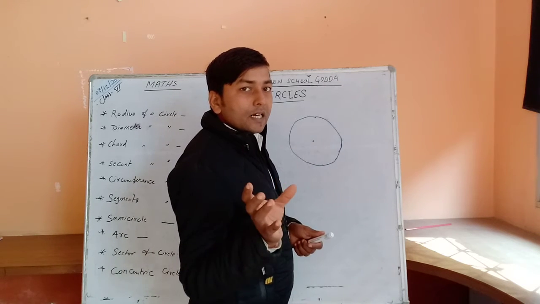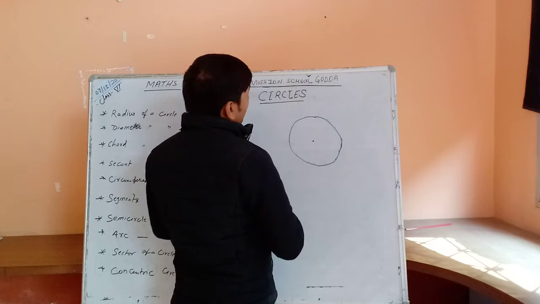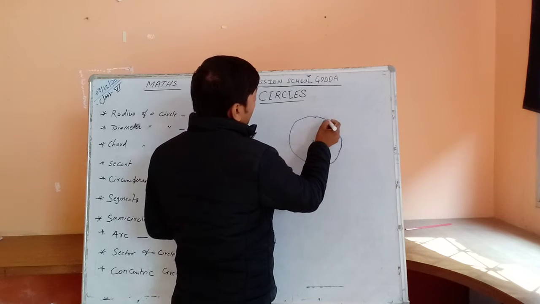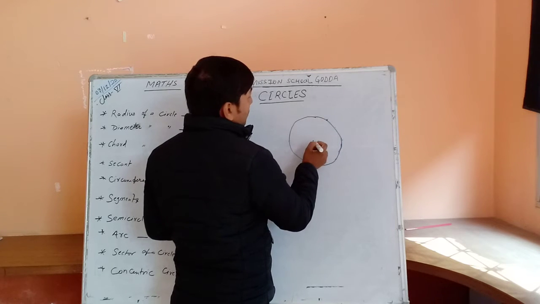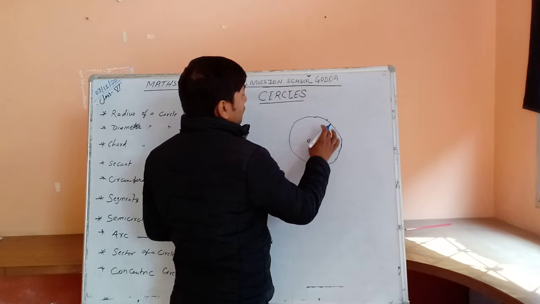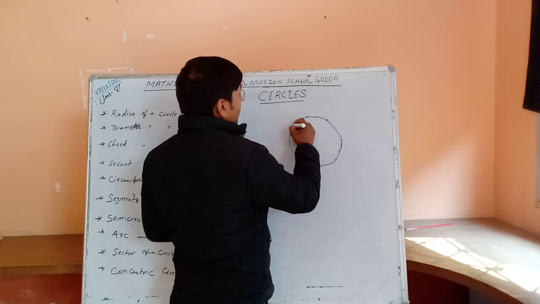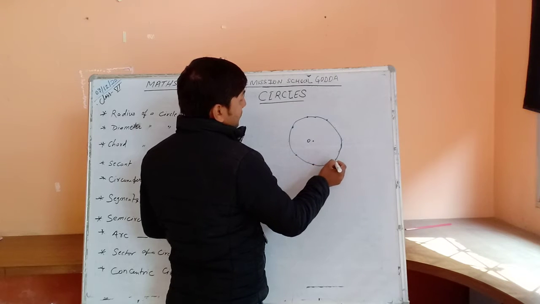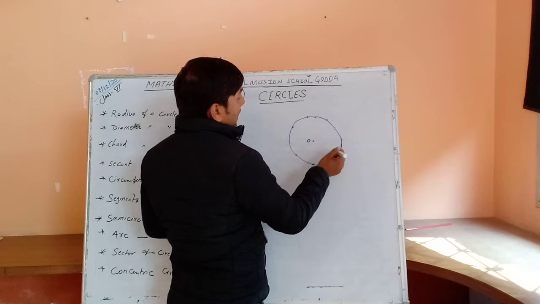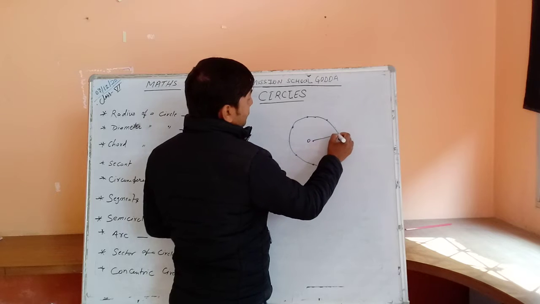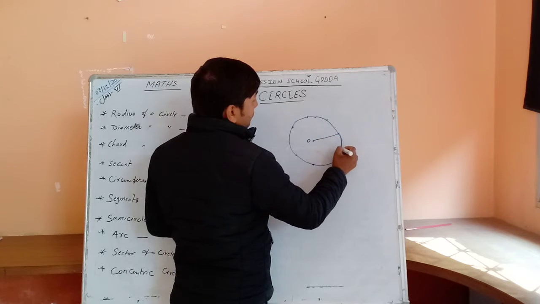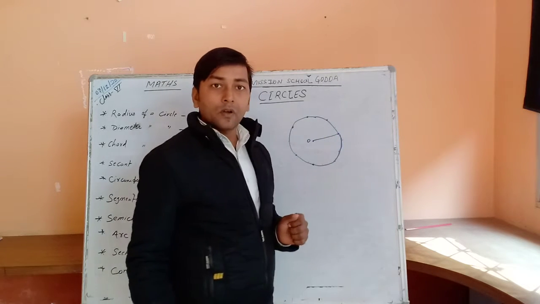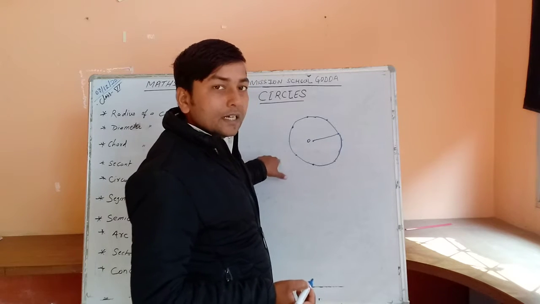So circle is a collection of all points. I have taken all points, the distance from a fixed point, that is O, from O, all the points were the same.